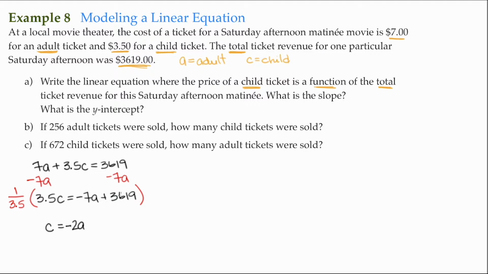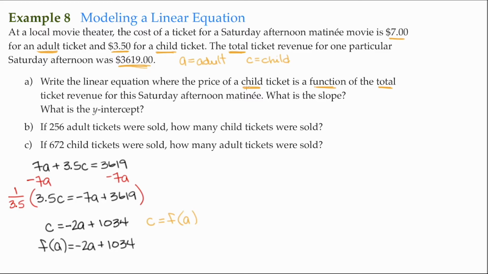And 3,619 divided by 3.5, that leaves us with 1,034. And as you can see, it looks just like a slope-intercept form. So since the child ticket is a function of the total, it's a function of A, then we can say that C is going to be equal to f of A. So then we can write this as f of A equal to negative 2a plus 1,034.